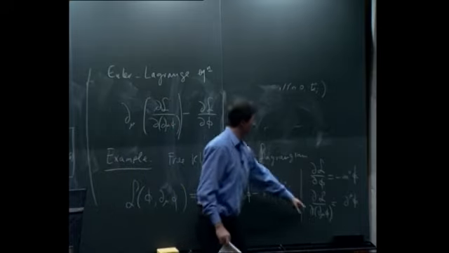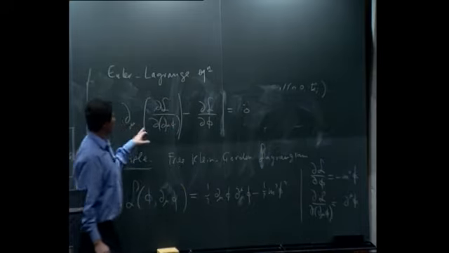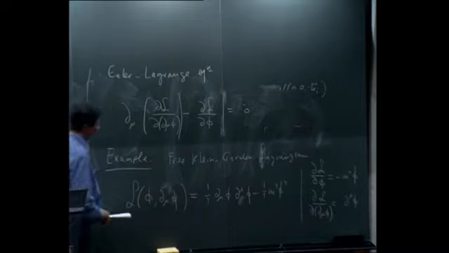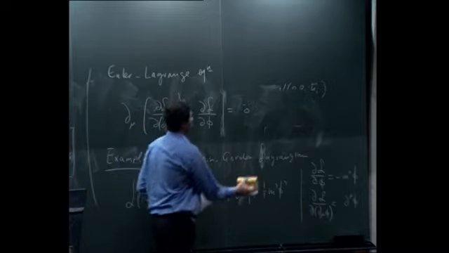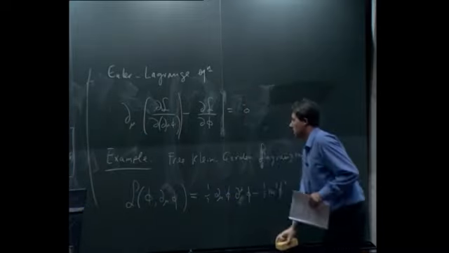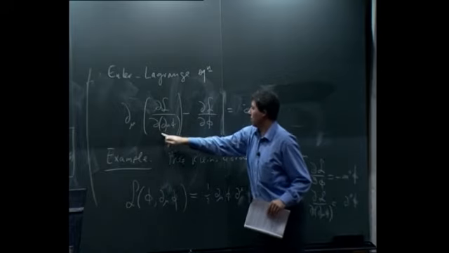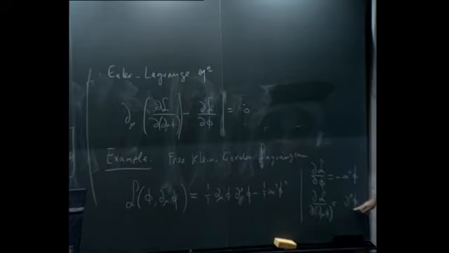Now, if you take these two expressions and insert them in here, then for this example, you get d mu of this derivative, which is indeed d mu phi.